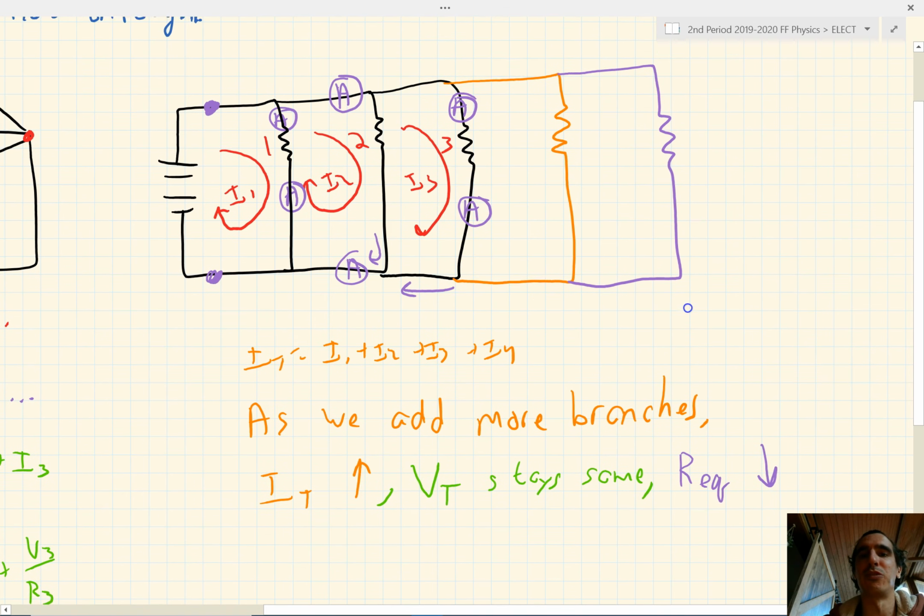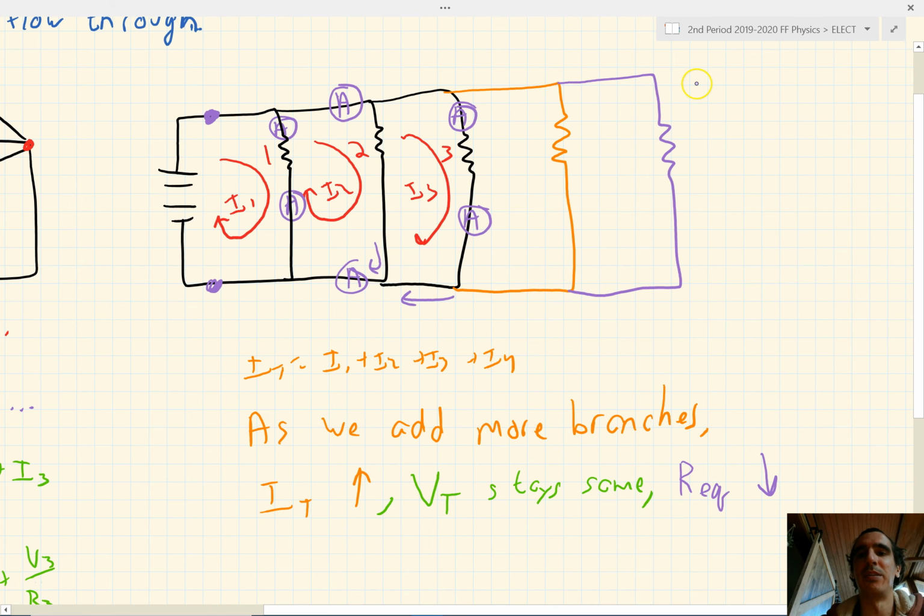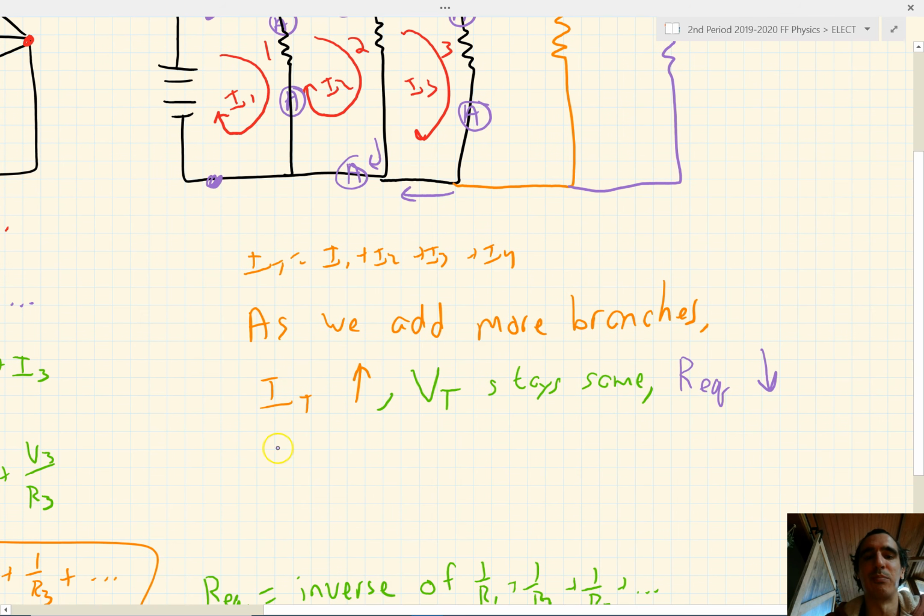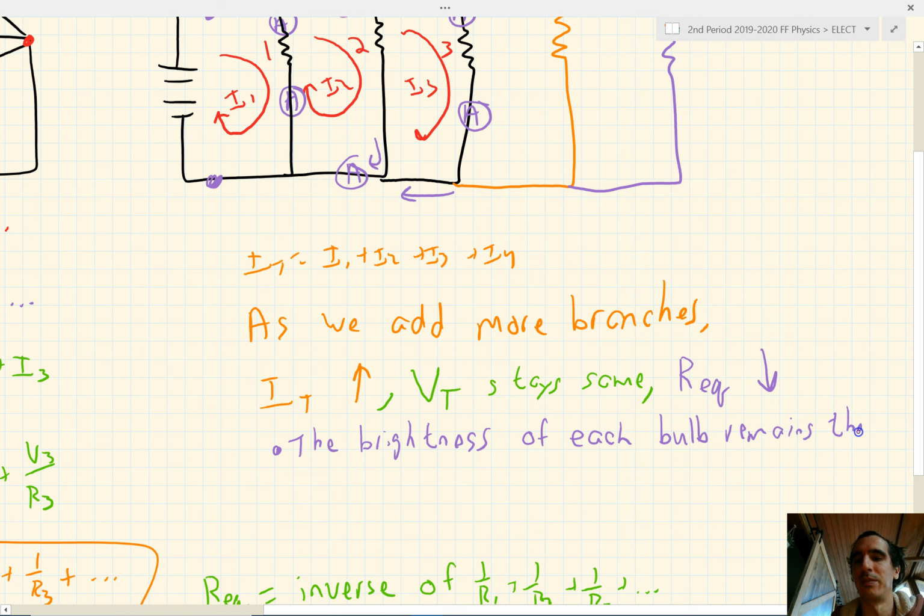So as we add or subtract branches, because I stays the same through each individual branch, and V stays the same, we can say that the brightness of each individual bulb remains the same as well.